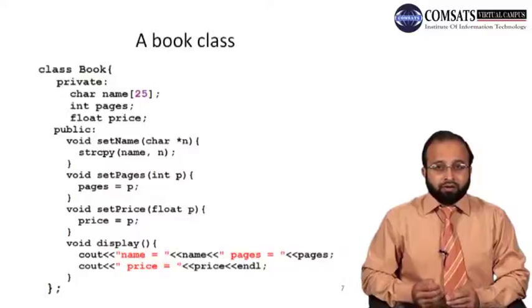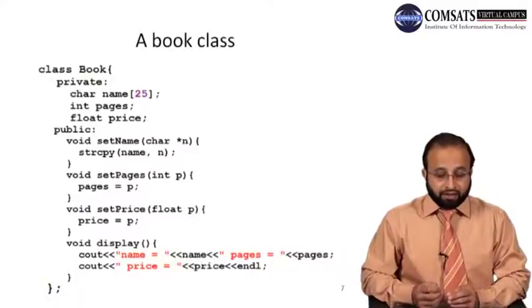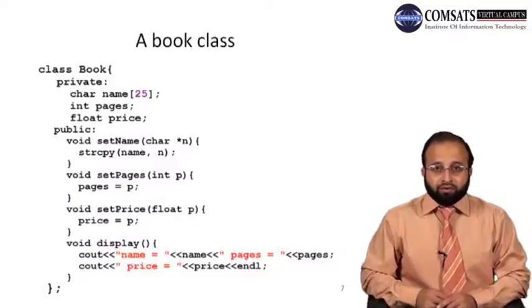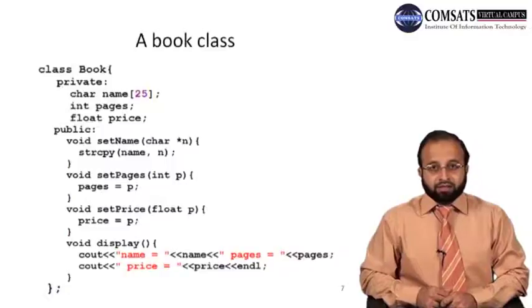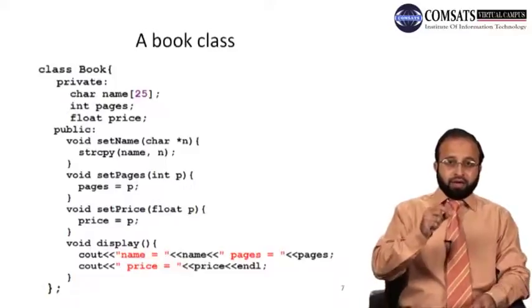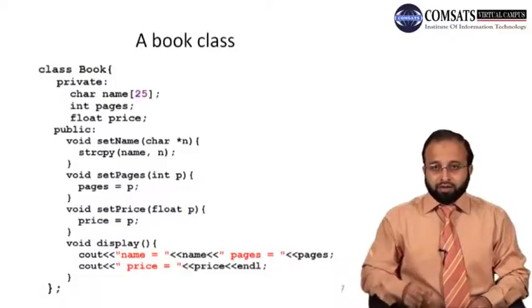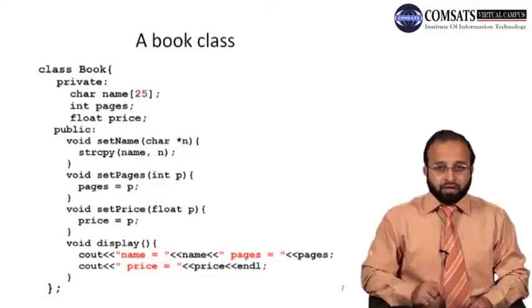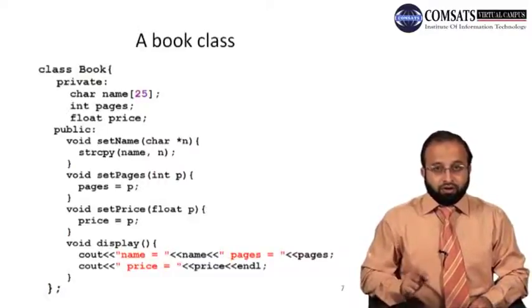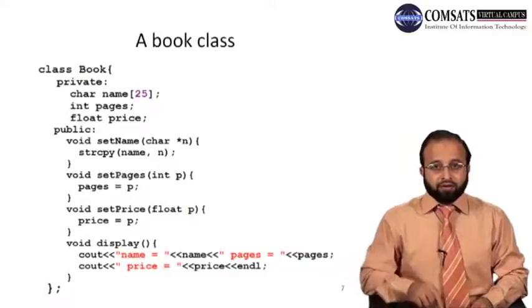This is because when we create an object of the book class, using that object we are not able to access name, pages, or price, right? For example, if we create an object of the book, like Book B1 semicolon, where B1 is the object of the book class, we cannot write B1 dot name or B1 dot pages is equal to 175 semicolon.